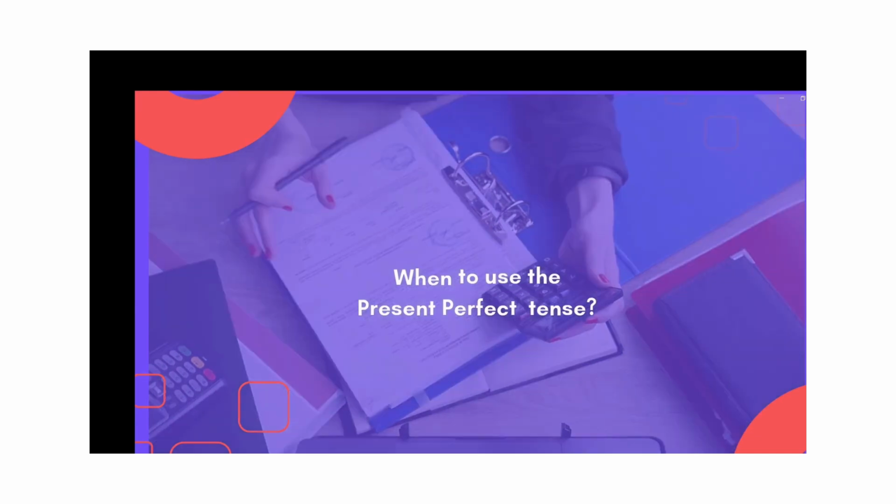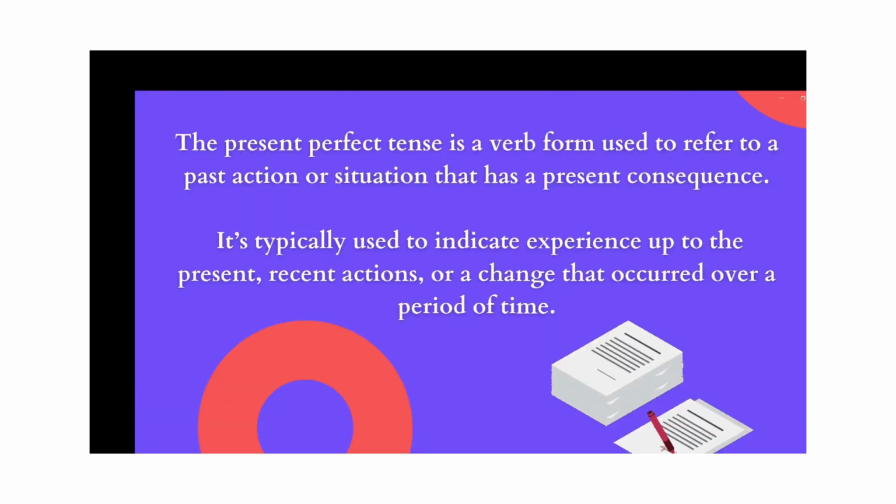When to use the present perfect tense? The present perfect tense is a verb form used to refer to a past action or situation that has a present consequence. It's typically used to indicate experience up to the present, recent actions, or a change that occurred over a period of time.